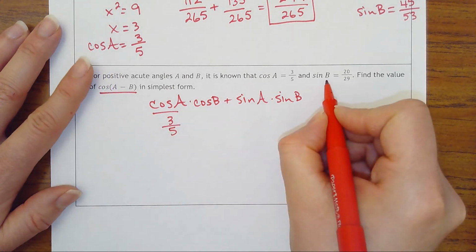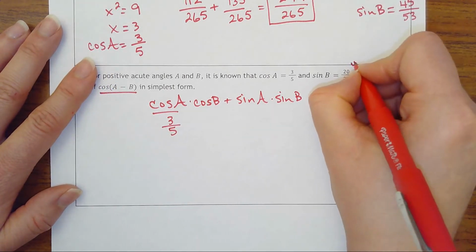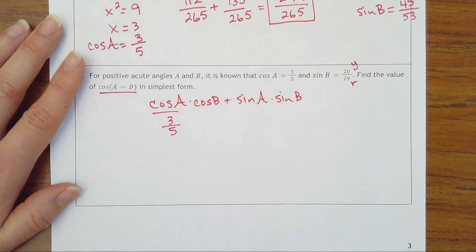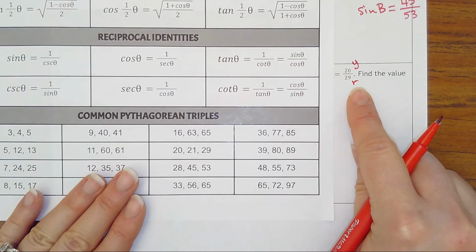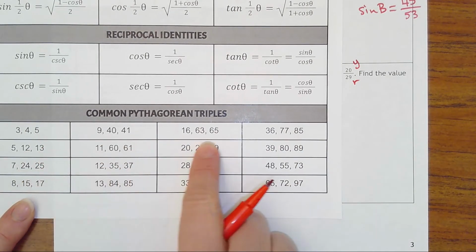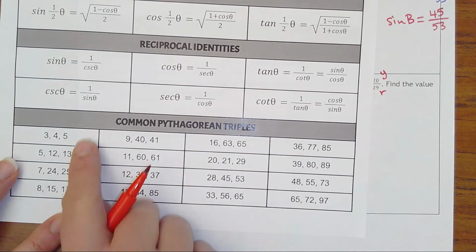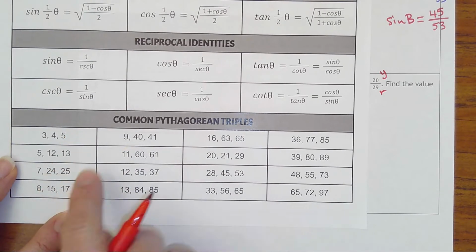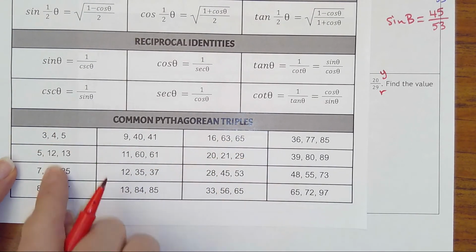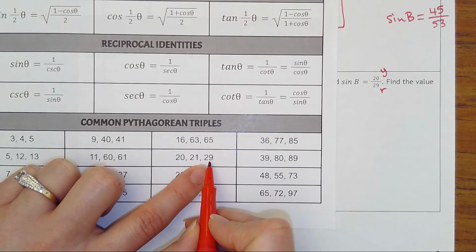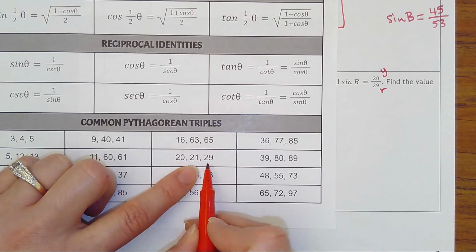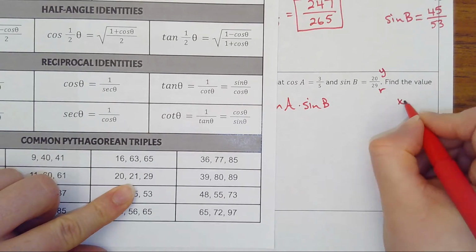We need cosine of B, so this is y over r. Let's try using our sheet here. I need the hypotenuse to be 29, and these are in order. They start with the smallest and then go up with the legs. So we need to find the last number to be 29, it's this one. The legs are 20 and 21 and 29, so x must be 21.